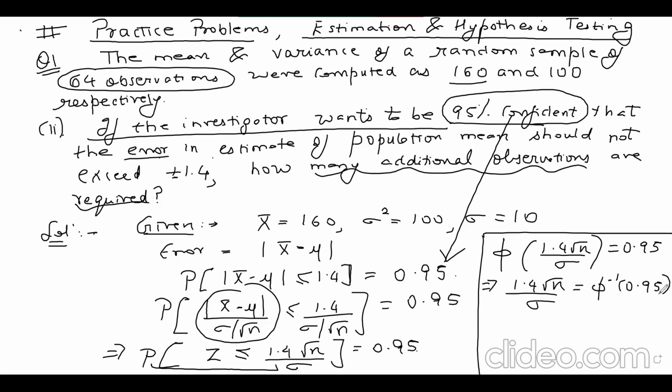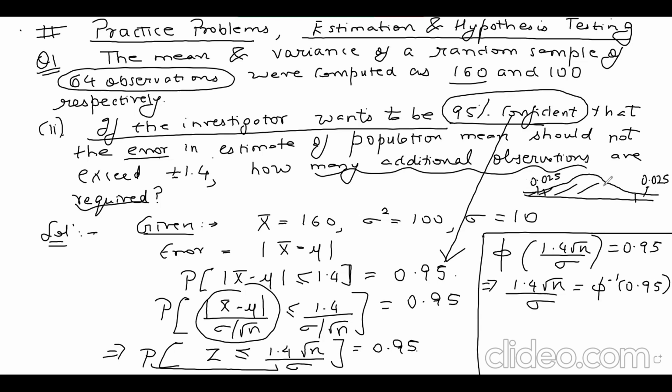But hang on, it's a two-tailed test. If I use a two-tailed test, the 5% needs to be divided further into two parts. This is 0.025, and this is also 0.025, because they should sum up to 0.05.